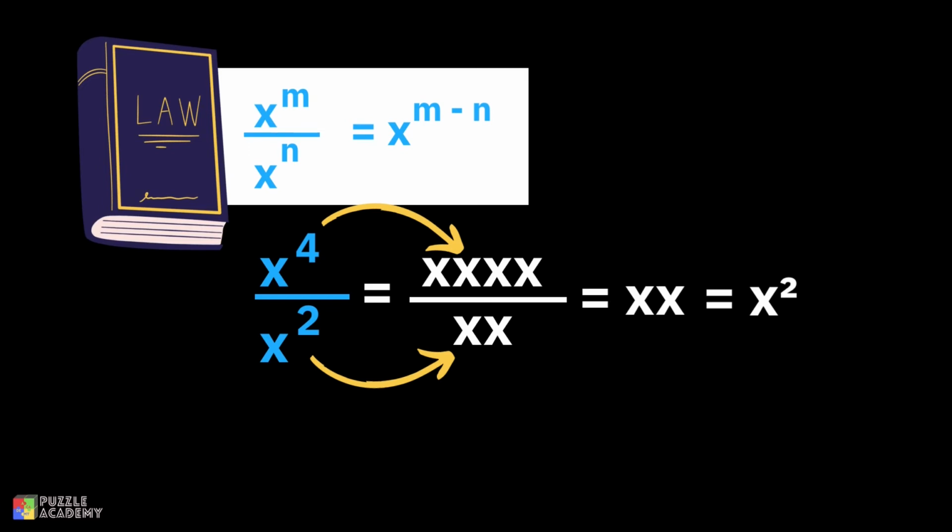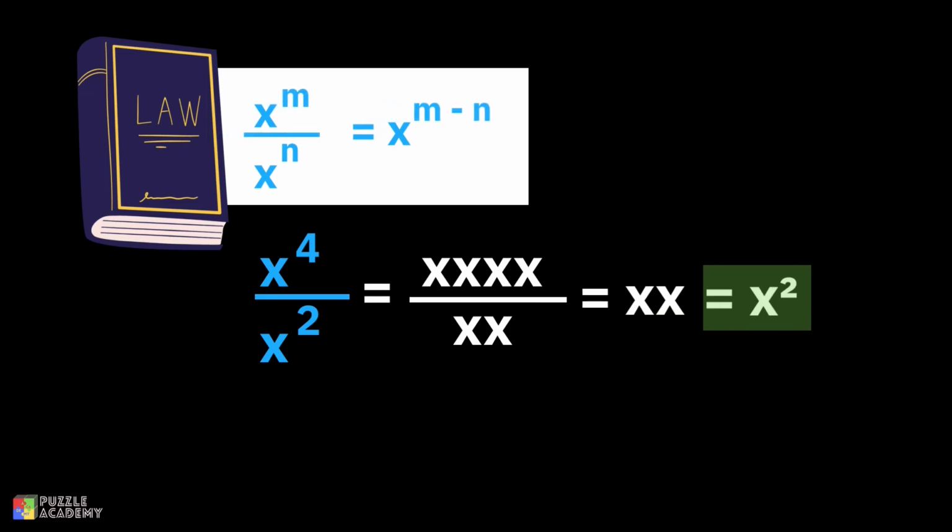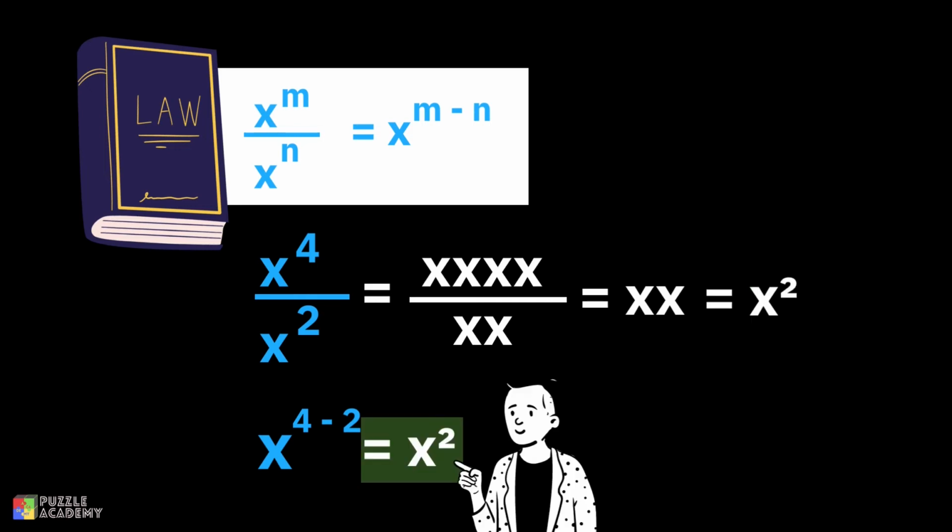That is equal to x times x times x times x in the numerator, which comes from x raised to 4. Then we have x times x in the denominator, which comes from x raised to 2. And that is equal to x times x, or the remaining will be x raised to 2. So, x raised to 4 over x raised to 2 is equal to x to the power of 4 minus 2, and that is equal to x squared. Remember that x over x is equal to 1.